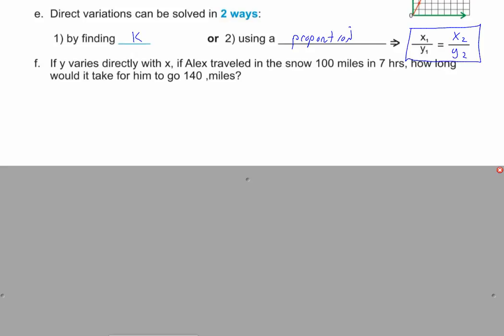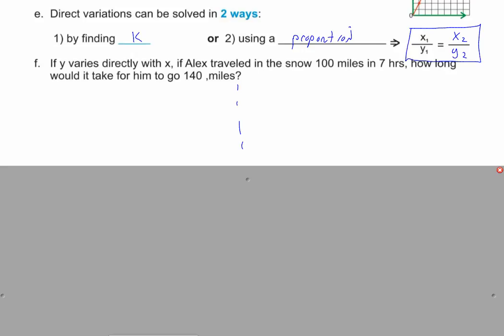And remember, with the proportion, you can flip them as long as you flip both. If you wanted to, you could do y1 over x1 equals y2 over x2. You flip both, and you can solve it as a proportion. I'll do the first one both ways, but I think the proportion is a better way because it's a one-step situation.